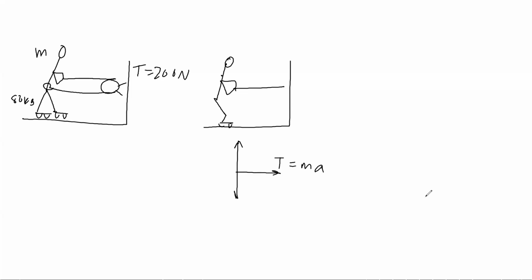So in this case, the acceleration would be 200 over 80 meters per second squared, which is 2.5 meters per second squared. So that's the simple case without a pulley.